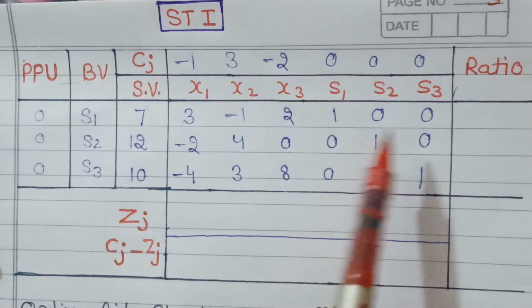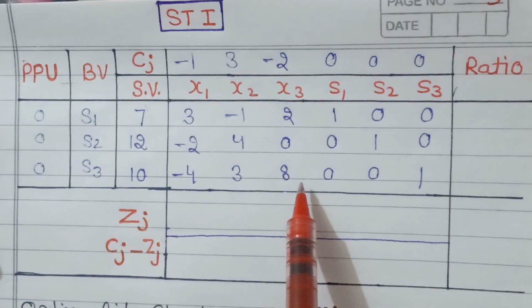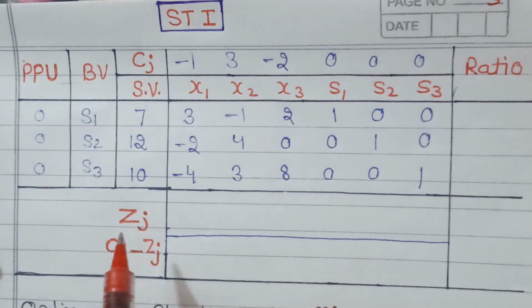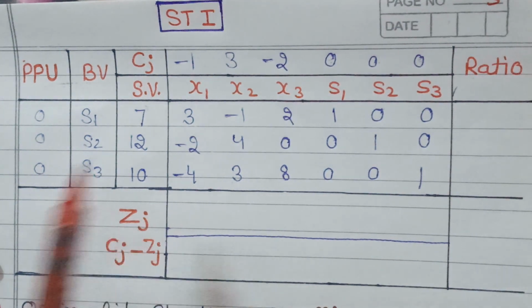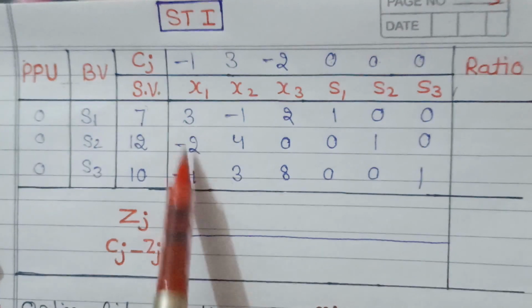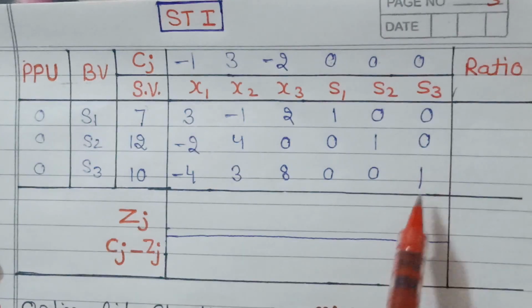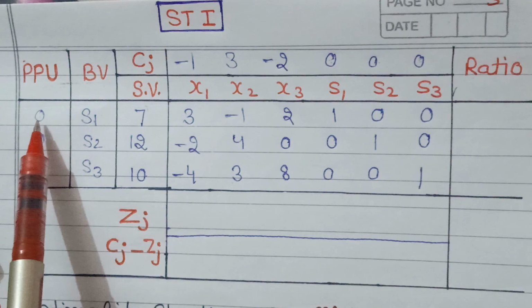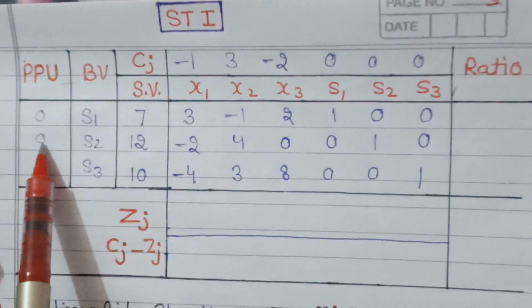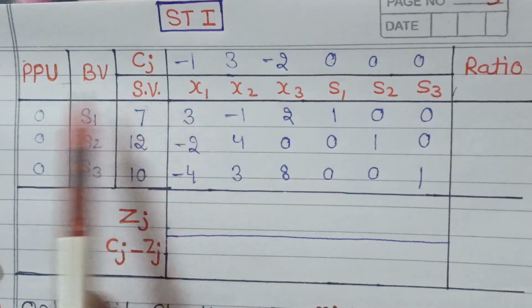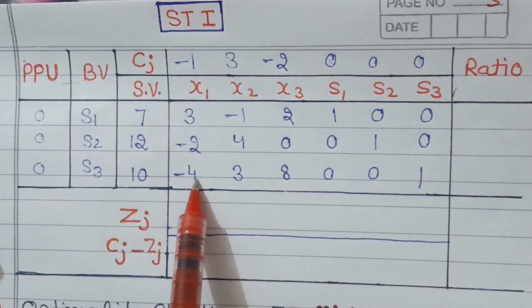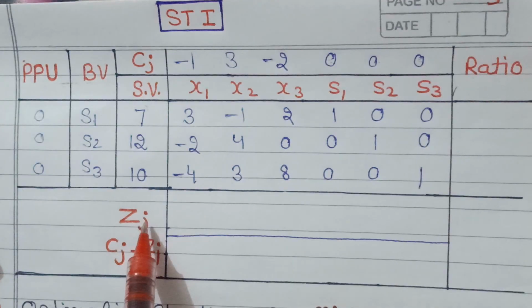Now after adding all these values from the standard LPP, the next step is we have to find the value of Zj. As you know, Zj can be found by multiplying these values with these different column values. So if I multiply this with this, this with this, this with this, and then add the multiplication of all these three values, then Zj will come out to be 0.